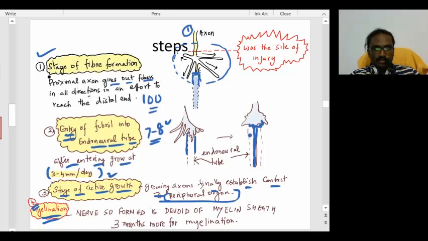So you already know, inside the neurilemmal tube, what was there? There was a big Schwann cell, right, which is occupying the neurilemmal tube.